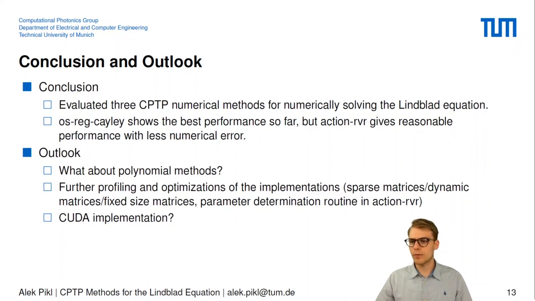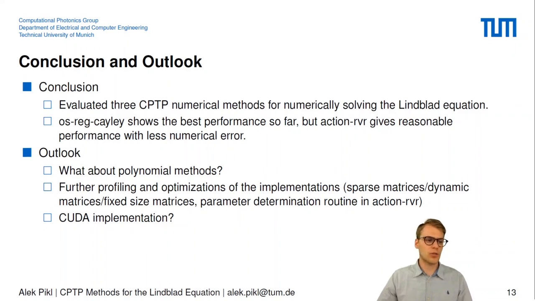And what do we want to do from now on? We want to look into the polynomial methods, such as Newton polynomials or Faber polynomials. We want to further profile and optimize the implementations, because we implemented all of the methods in C++. We want to see if we can get even more speed ups by using, for instance, sparse matrices, dynamic matrices, or fixed size matrices.